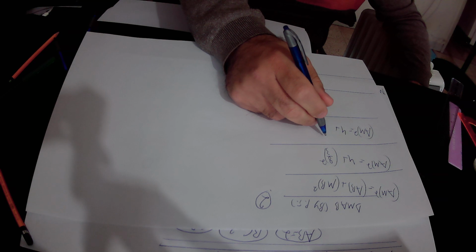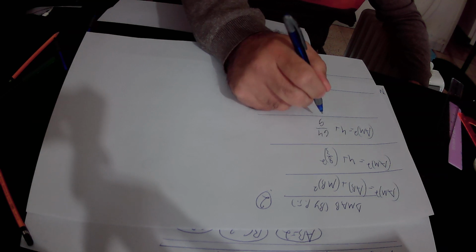It is 8 squared, that is 64, over 3 squared, that is 9.